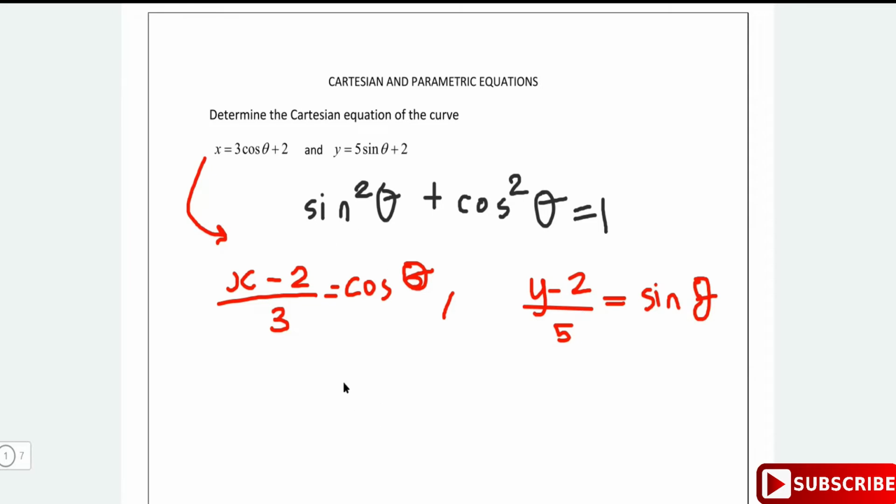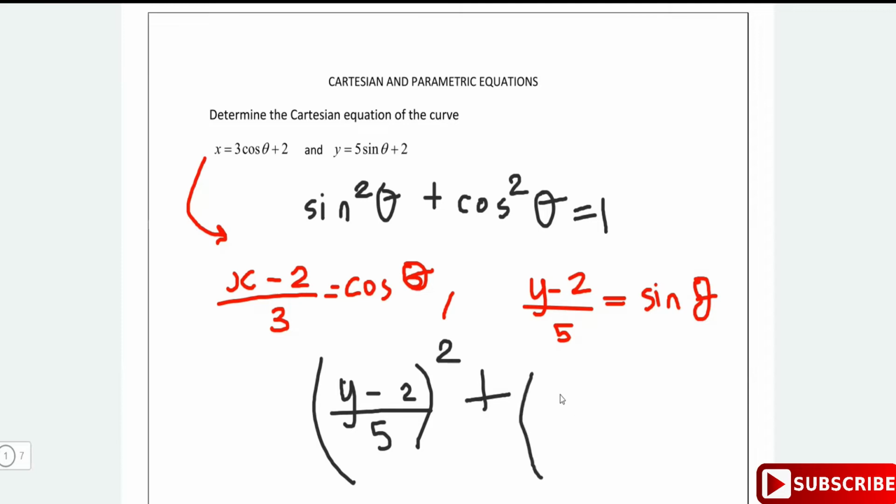What we get is y minus 2 over 5, all squared, plus cos squared theta, where cos theta is x minus 2 over 3, so x minus 2 divided by 3, all squared. And we know this is equal to 1.